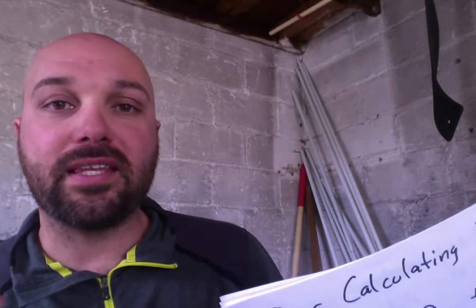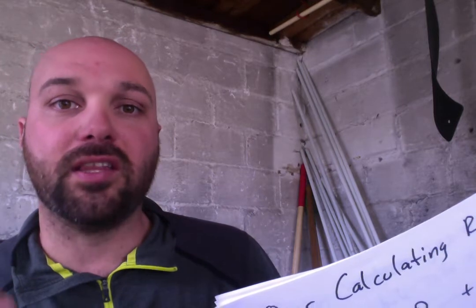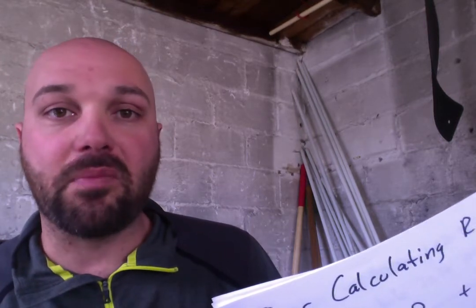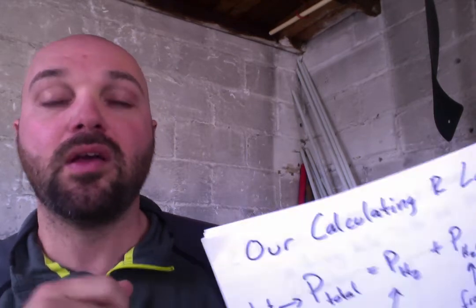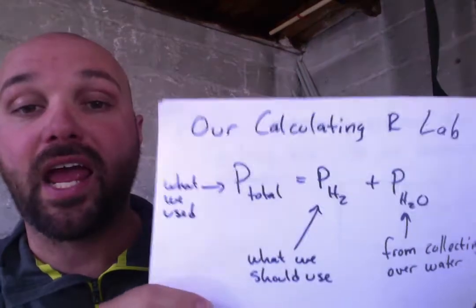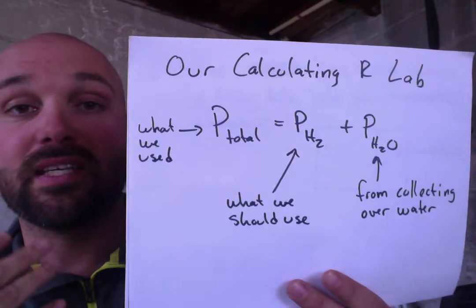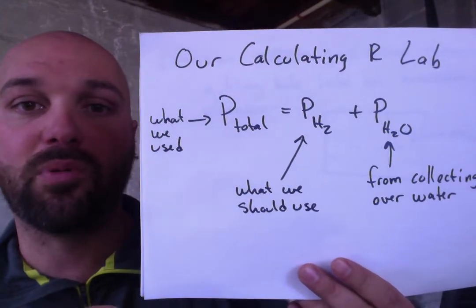Now, where this is primarily used, in our calculation lab that we did, we actually had a mixture of two gases in the eudiometer tube. It was hydrogen and water. So this connects that activity to the idea of partial pressures.